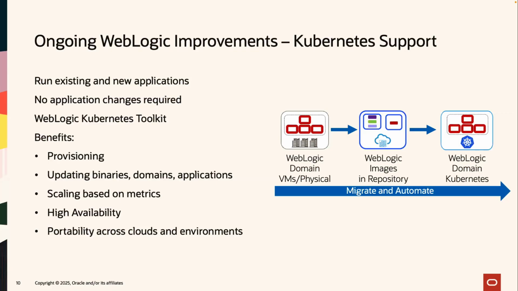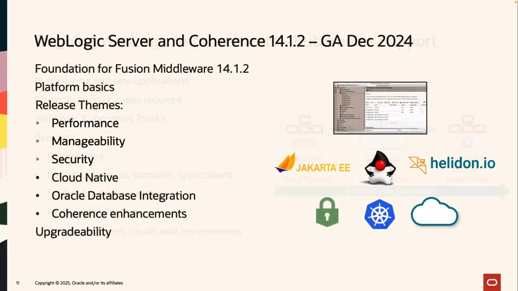And also, by deploying applications on Kubernetes, you're automatically deploying in an environment which is broadly supported across clouds and on-premises environments. So you're building on a highly portable infrastructure, which enables you to move your applications to the deployment platform of your choosing. So these are capabilities that are available in all supported WebLogic releases today.